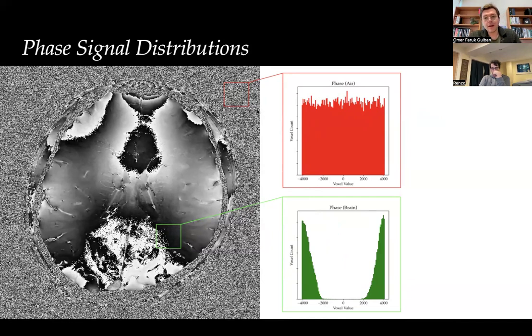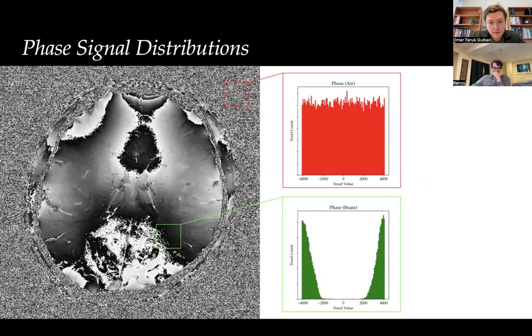But I hope you can agree that this is something drastically different that happens in the phase data, and maybe we should keep it in mind when we are operating on the phase data. Again, in the same high signal region, that is white matter here. I cannot easily check the chat, but if someone checks, stop me or ask me a question. I'm keeping track of it. No questions. Yeah.